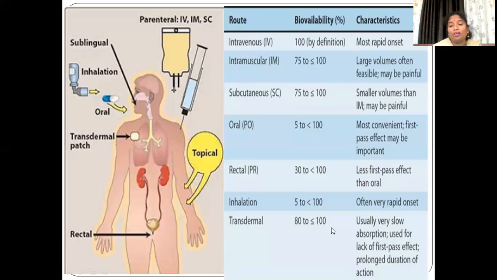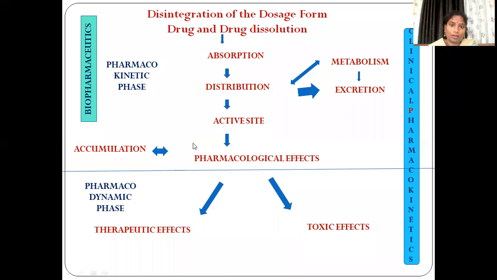Transdermal route is very slow. 80 to 100% of the drug is available, but it is used when the patient is in an unconscious state, or is suffering with ulcers or having difficulty with the other routes, so we can give it through the transdermal route. It will avoid first pass metabolism and give slow absorption, but the therapeutic efficacy is more than the other systems.